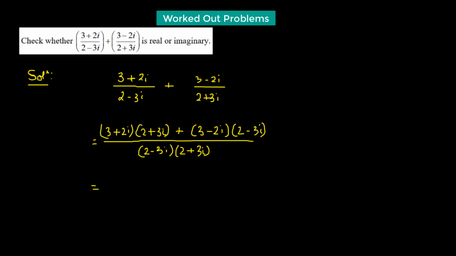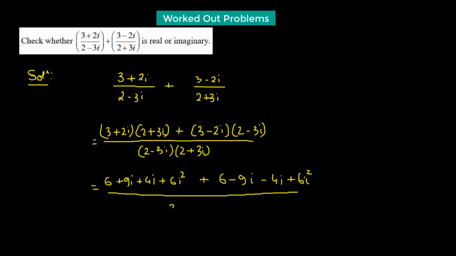So that gives us 6 plus 9i plus 4i plus 6i squared plus 6 minus 9i minus 4i plus 6i squared divided by 2 squared minus 9i squared.